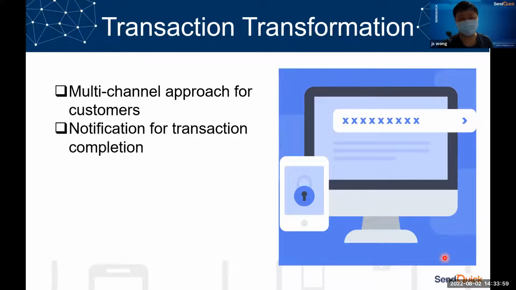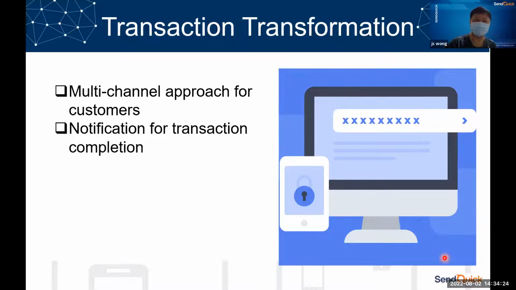Notification for transaction completion, right? When you're doing online, it's what I call faceless, right? There's no confirmation where you hand over the receipt, you hand over the goods. Every time you purchase, you pay first, then you wait. So how can you bridge the gap of information after you've done the transaction, so you know there's a confirmation being done?